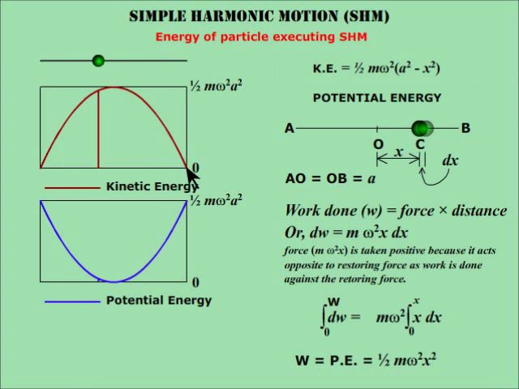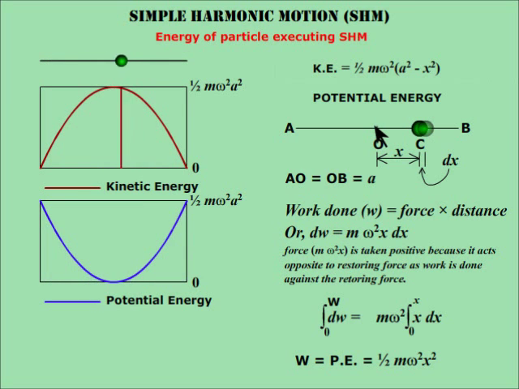Let position of particle be at C where displacement OC equal to x. Work done to move a small distance dx at that instant is equal to force times displacement. So what is the total potential energy gained at point C starting from mean position? We have to add all the small work done from mean position to position C. We assume that potential energy is zero at mean position.